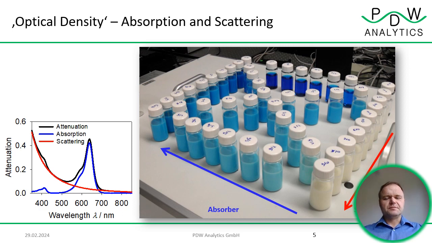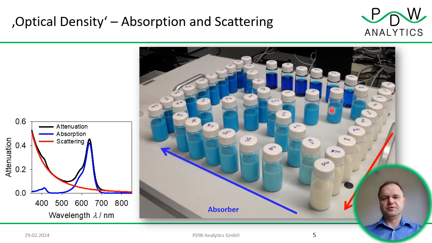Now, what's the reason behind this and what's a further challenge? Well, if you look into the optical world, optical density is actually an effect of both absorption and scattering of light. So if you look at this array of suspensions here on the right side, the scatterer concentration will increase in this direction, and the concentration of the absorber, here it's a dye, will increase in this direction.